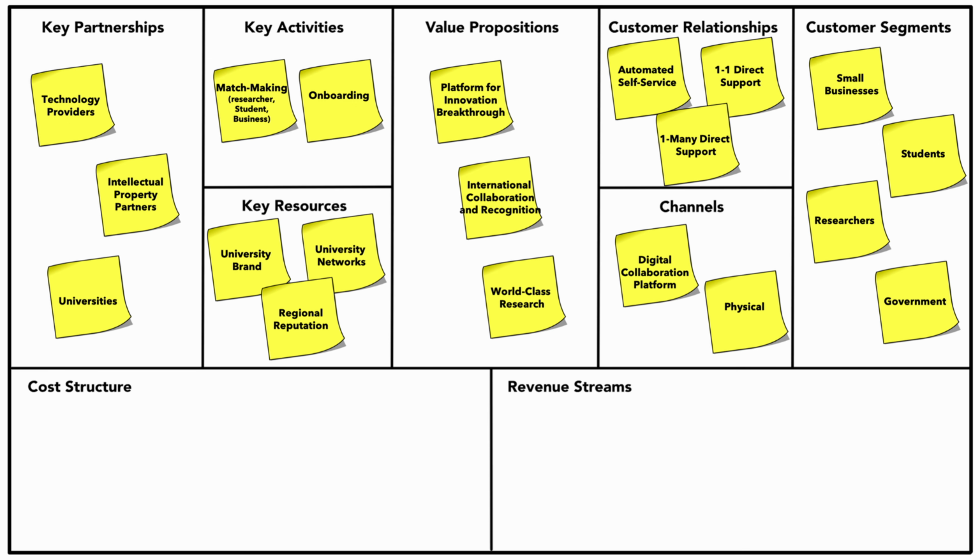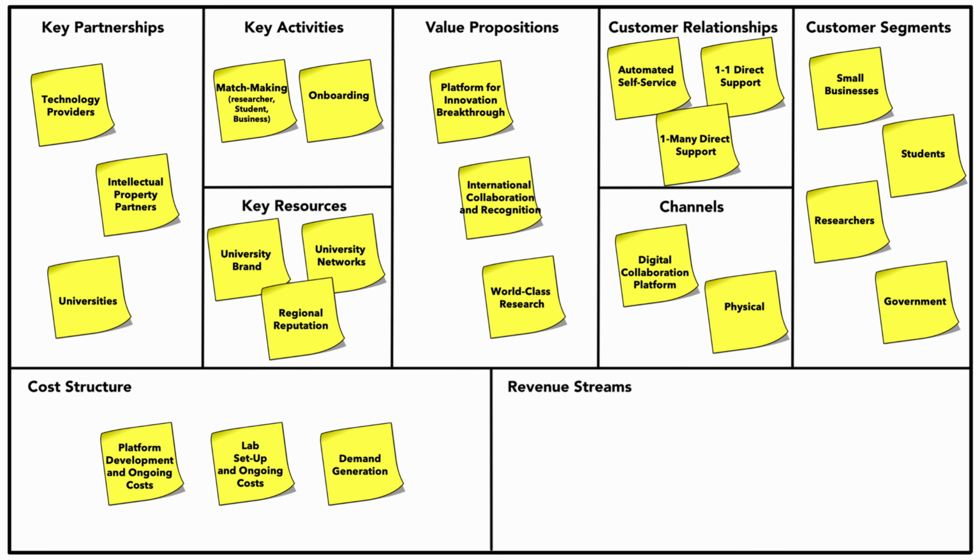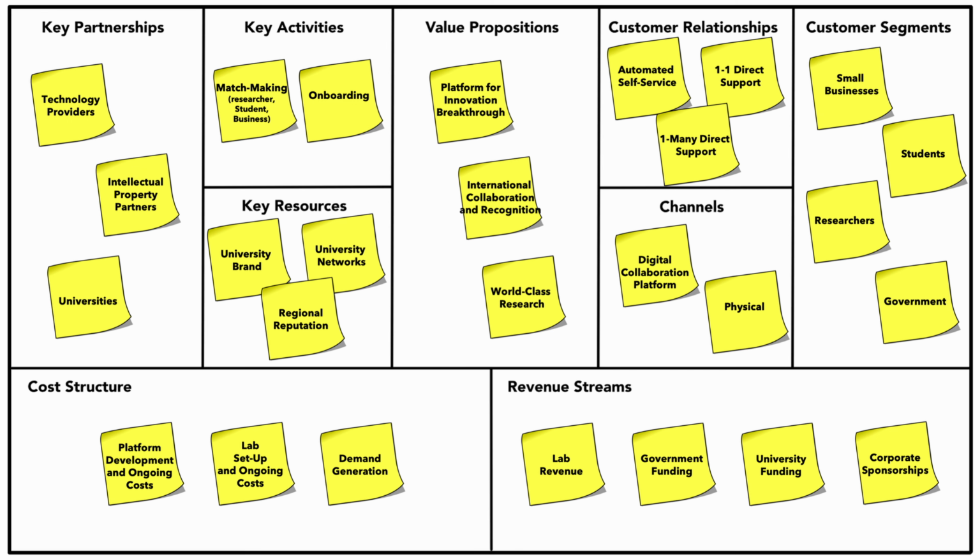And last, we developed the cost structure and revenue streams. The cost structure included platform development and ongoing platform costs, lab setup and ongoing lab costs, and demand generation. Revenue streams included lab revenue, government funding, university funding, and corporate sponsorships.